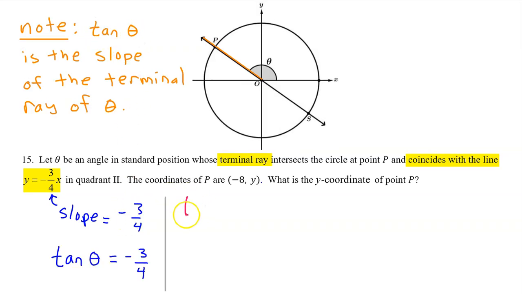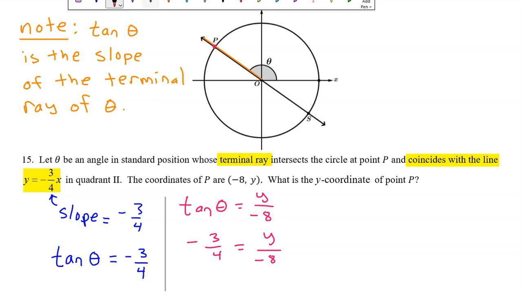At the same time, the tangent of theta is the vertical displacement of P divided by the horizontal displacement, so y over negative 8. But we just found that the tangent of theta is negative 3/4. So making that substitution, we have negative 3/4 is equal to y over negative 8.